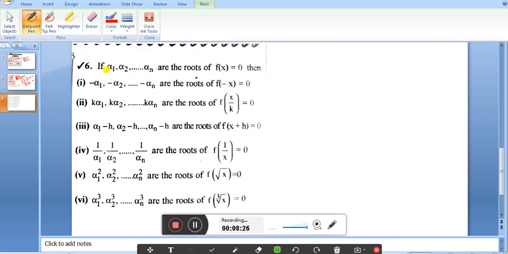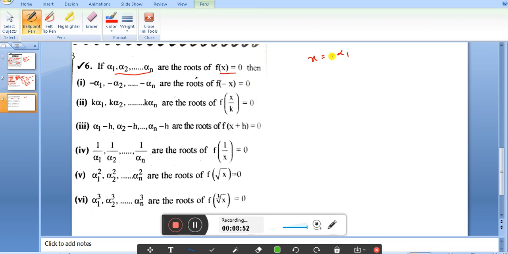Next one more, if alpha 1, alpha 2, up to alpha n are the roots of f of x equals 0, a polynomial equation, then if x equals minus alpha n is one of the roots, then what is its equation?